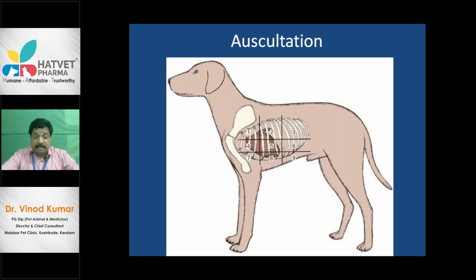Some friends asked me why I am frightening people by showing all these stethoscopes. As a joke, I said, this is for auscultation of the heart, this is for the liver, this is for the kidney, this is for the abdomen, this is for the thorax, this is for the hind limb, this is for the forelimb. Simply, as a joke, I said.